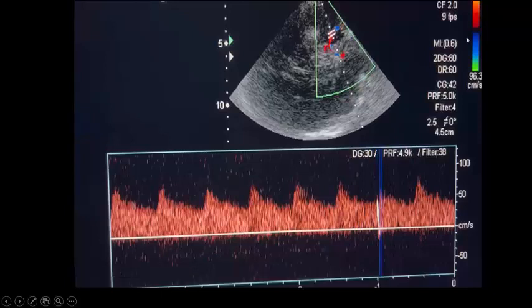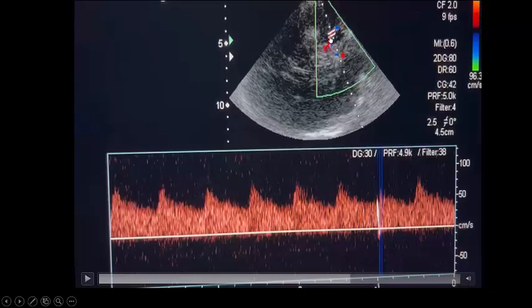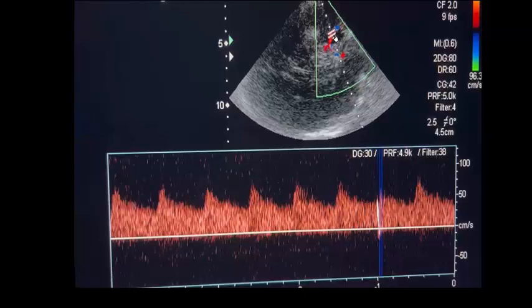Okay, if you put the pulsed wave Doppler in TCCD, here I am putting not on the left, I am putting on the right middle. This is the midbrain and this is the right middle cerebral artery, because the flow is in the right side. I will put the pulsed wave Doppler here on the TCCD in the right middle cerebral artery, and will inject agitated saline.